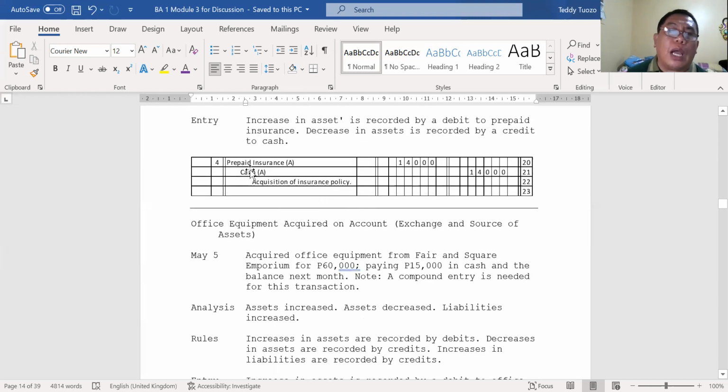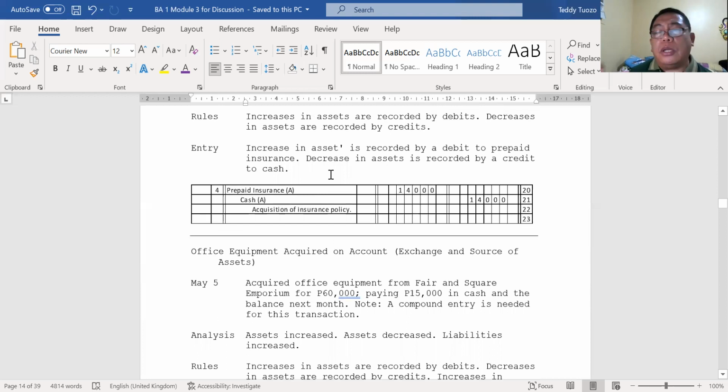So take note of my explanation. Take note also, class, that you don't copy the explanation given in the transaction. That will not be given consideration or credit, or I will not check that one. So you have to explain the transaction or the entry in a brief and concise manner.